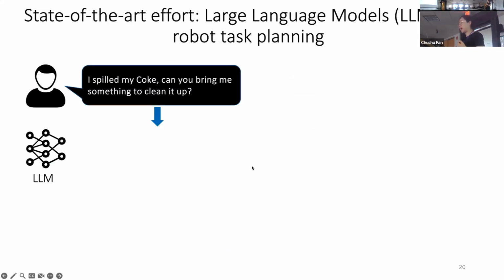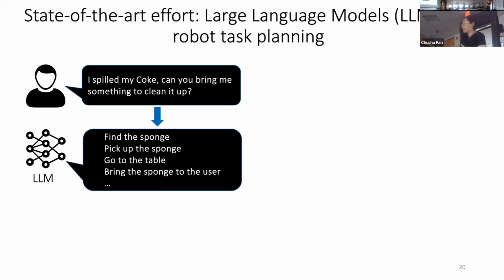If we look at how people are using large language models these days, for example, this work by Google two years ago, they were one of the first groups who brought large language models into robotics. In this example, if I spill my Coke, I ask a language model, can you help me clean it up?